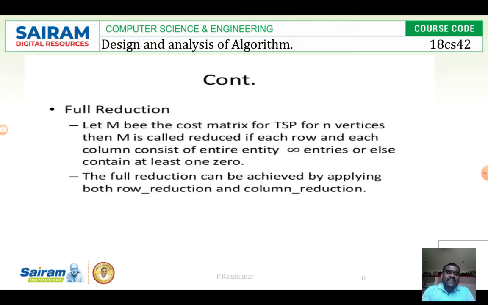If the graph is a weighted graph, then we can represent it by a cost matrix. In a reduced cost matrix, all the row and column entries of the matrix will be infinity or zero. That is called full reduction.